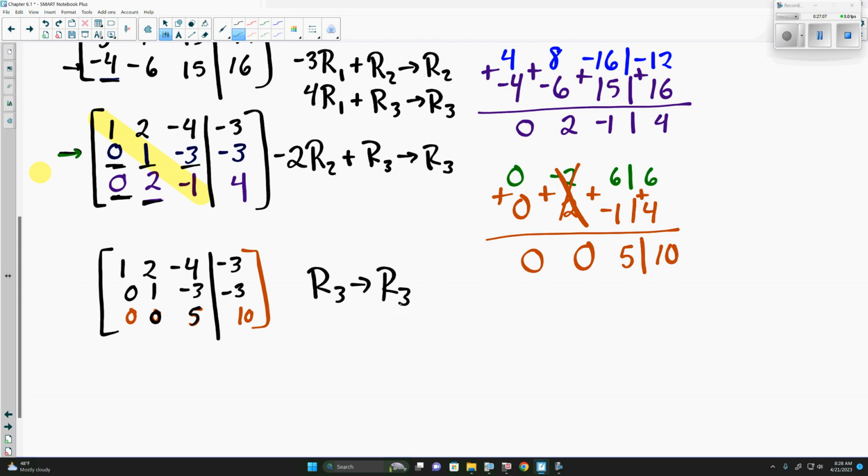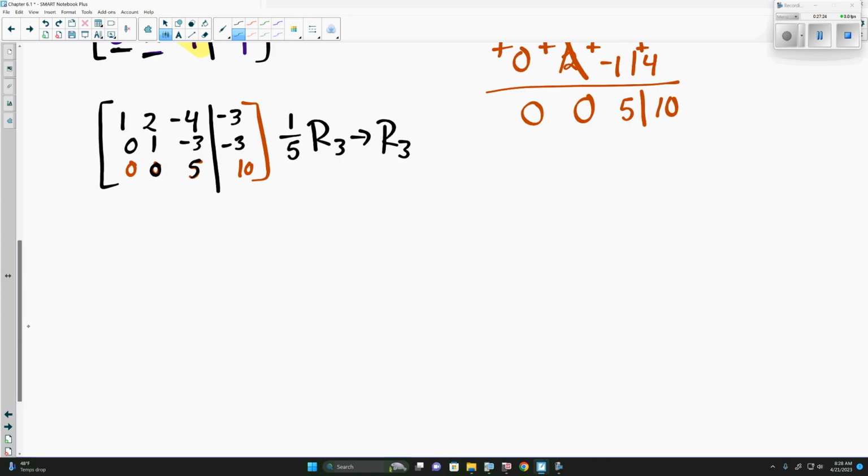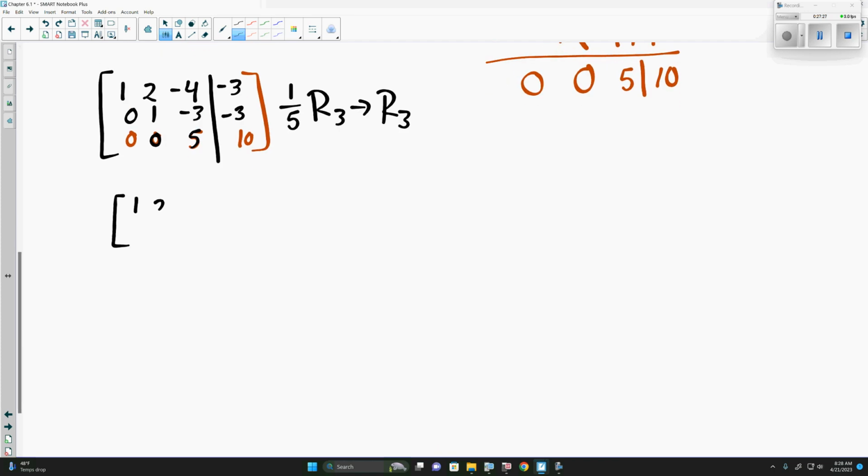Well, we can't divide, so the best thing to do is use a fraction. We multiply by 1/5, because 1/5 times 5 is indeed 1. So the first row didn't change. The second row, we didn't do anything to it. But the third row, we multiplied by 1/5. And 1/5 times 5 is indeed 1. And 1/5 of 10 is 2.